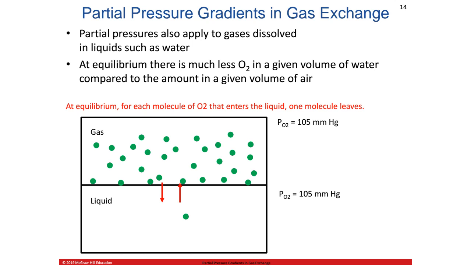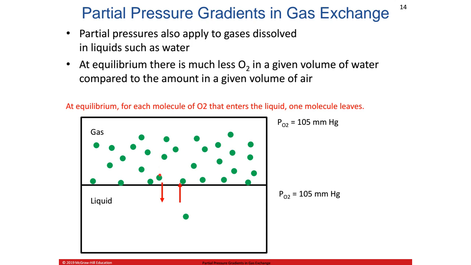In order to get oxygen into our body, it first has to diffuse into that liquid. And then from that liquid, it goes to the epithelial cells and through the basement membrane and through the endothelium of a pulmonary capillary. But the very first step is this step. It has to get into the water to begin with.